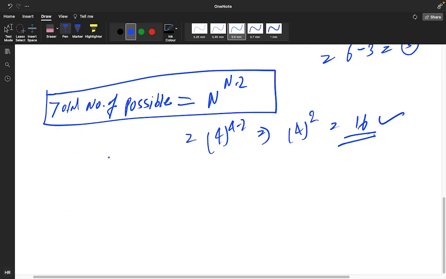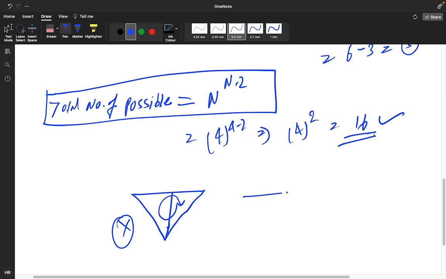And I will give you one example which is not a tree. This is not a tree because it forms a closed loop. This can also be another blunder people make.